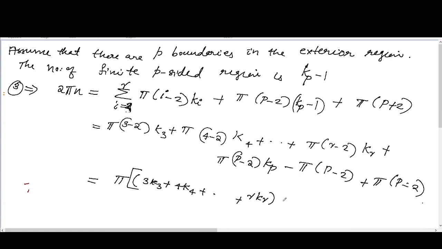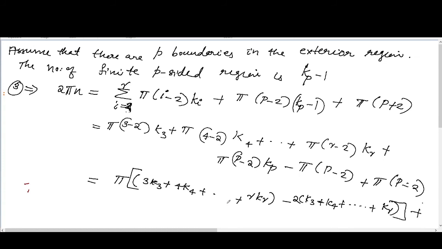Then you group the terms here like this. Then minus of k3 plus k4 plus etc. plus kr, here it is 2 times. Then plus the remaining terms are here. What are the remaining terms here?